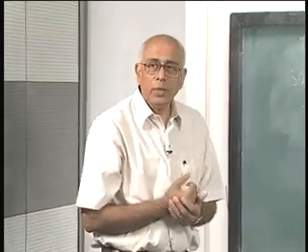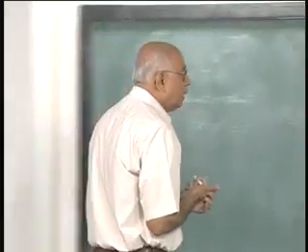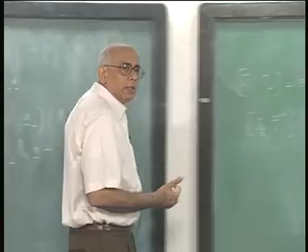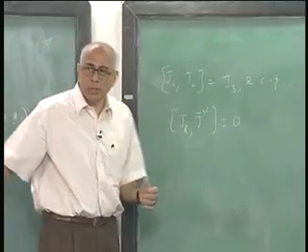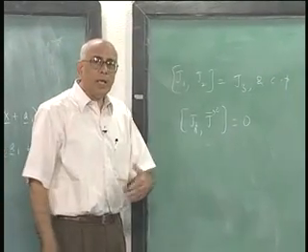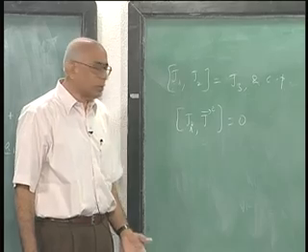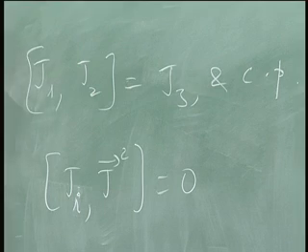So that is the reason you needed 3 quantum numbers n, l and m. In exactly the same way you have to find the Casimir operators of the invariants of the inhomogeneous Lorentz group, and you would label representations of the inhomogeneous Lorentz group in terms of the eigenvalues of those Casimir operators.